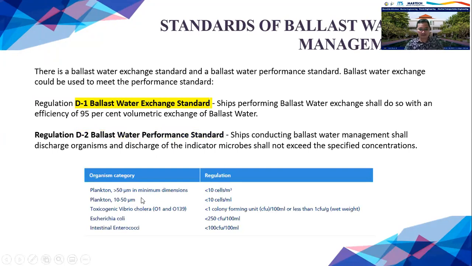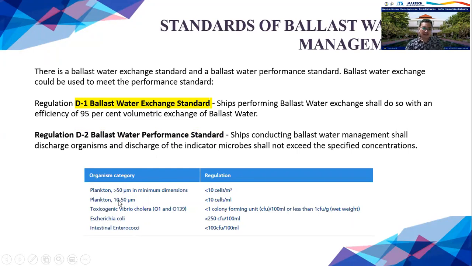Yeah, these are some organism categories. The plankton more than 50 micrometers shall be less than 10 cells every cubic meter.